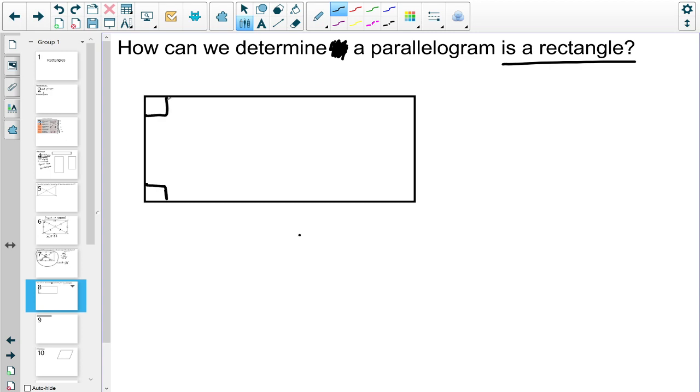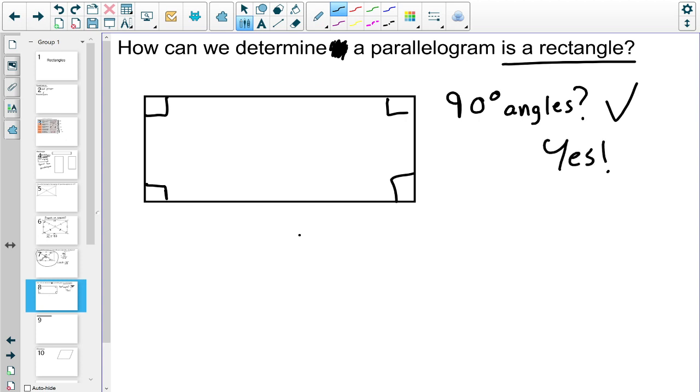Are the angles all 90 degrees? If so, if we have 90-degree angles, and that is checked off, then yes, it is a rectangle. Then what about this?